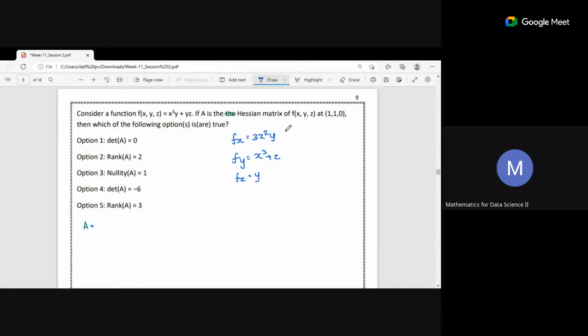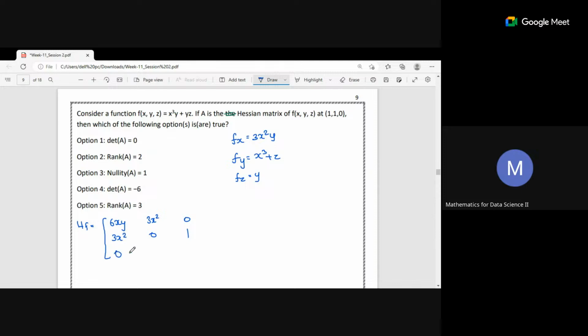These are the first order derivatives. What are the second order derivatives? So straight away maybe we write in the matrix. Your Hessian matrix Hf is equal to fxx, which is 6xy, fxy is 3x squared, fxz is 0. So this is also 3x squared. Fyy is 0. Fyz is 1.